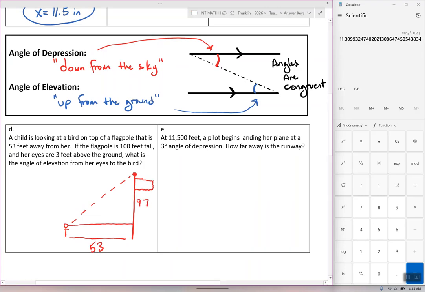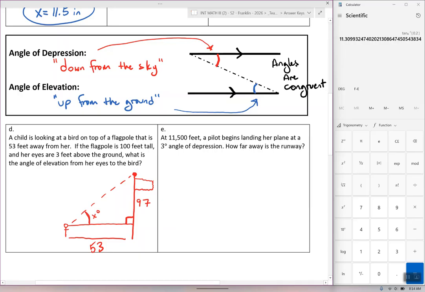So we have a 97 here for the edge of our triangle. So we have 53, 97, and we're trying to find the angle of elevation, which would be this angle right here.